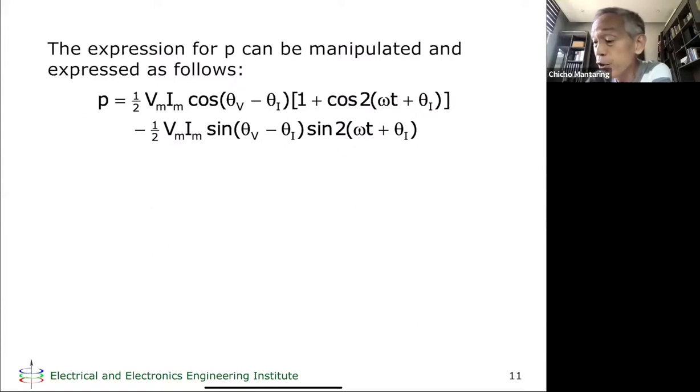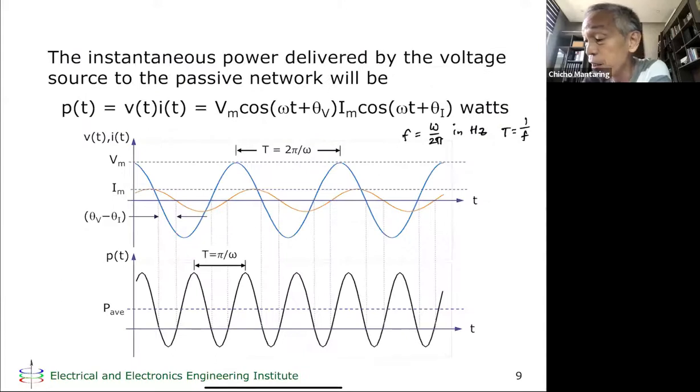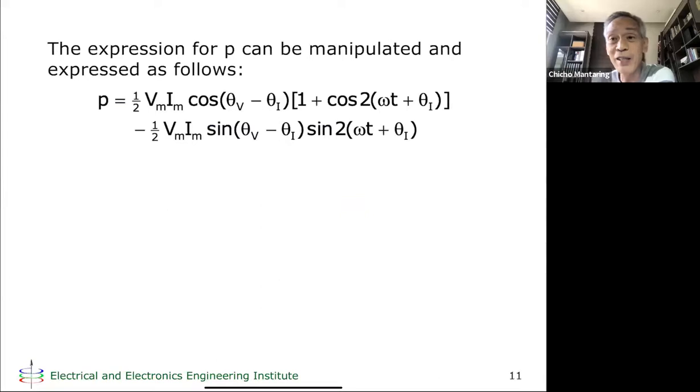So anyway, this expression for P of t, I can derive from this expression. I'm not going to show you that derivation, no? Sa EEE 123 dati pinapakita namin yung derivation na yan. Pero ang experience ko, after showing the derivation, the students don't remember it anyway.